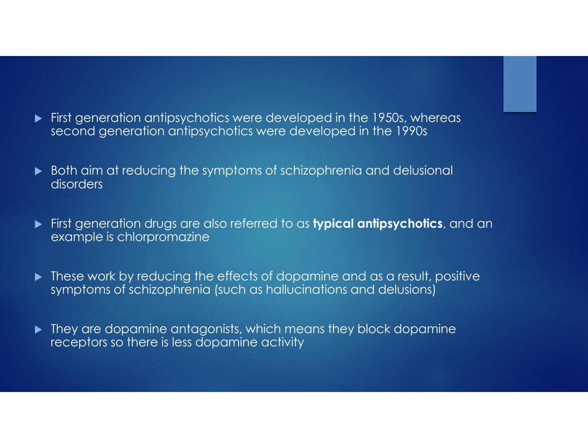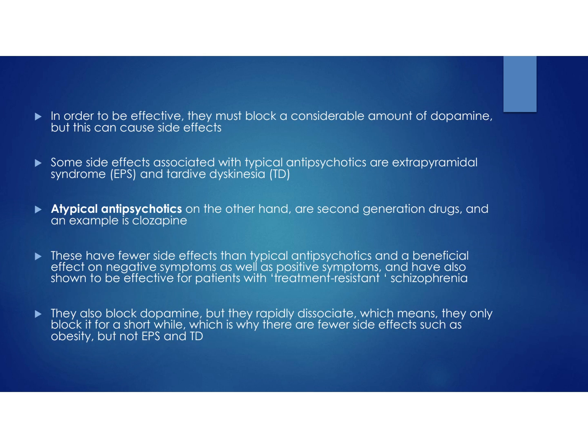But the problem is the first generation drugs, the 1950s ones, would block the dopamine receptors for a longer period of time. Now, it's okay to block the dopamine so that it's reduced and goes down to a normal level, but blocking it for too long is not natural, and that would cause some side effects. Two particular side effects that would be the result of these typical antipsychotics would be extrapyramidal syndrome and tardive dyskinesia.